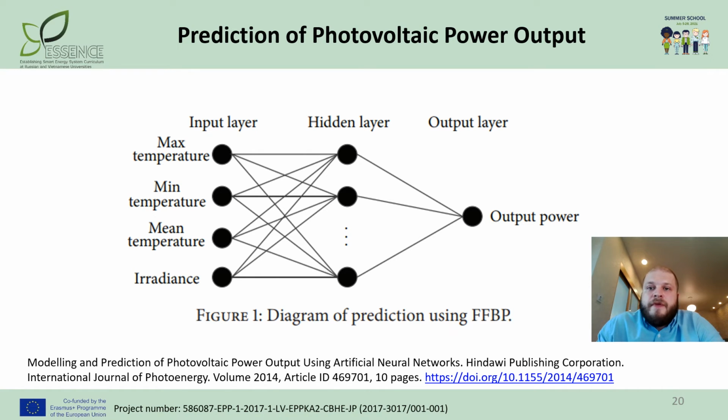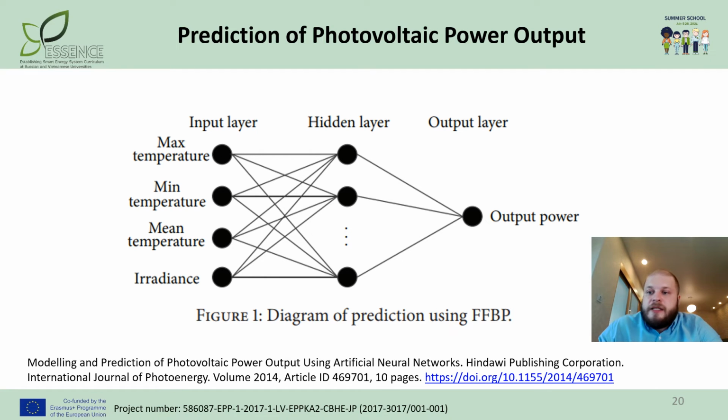Therefore, feed-forward backpropagation is defined as a model for forecasting parameters, and the diagram of prediction using feed-forward backpropagation is shown in this figure. A feed-forward neural network is defined as a type of multi-layer perceptron network with special input values. These values, multiplied by their weights, are led to the hidden layer by neurons.